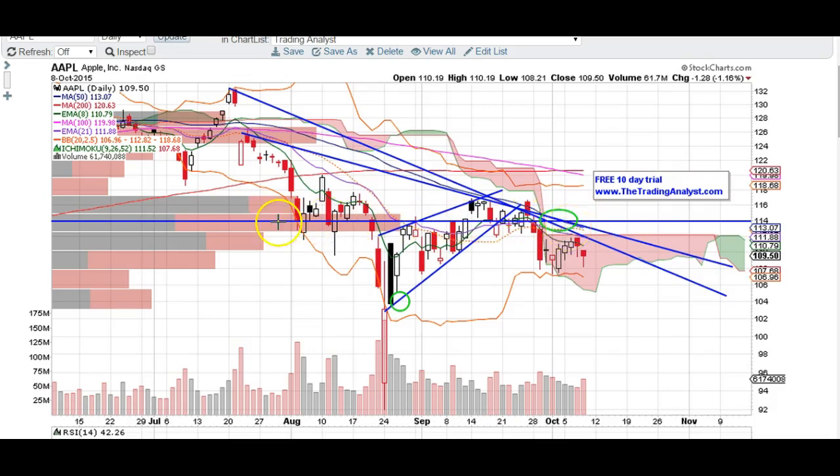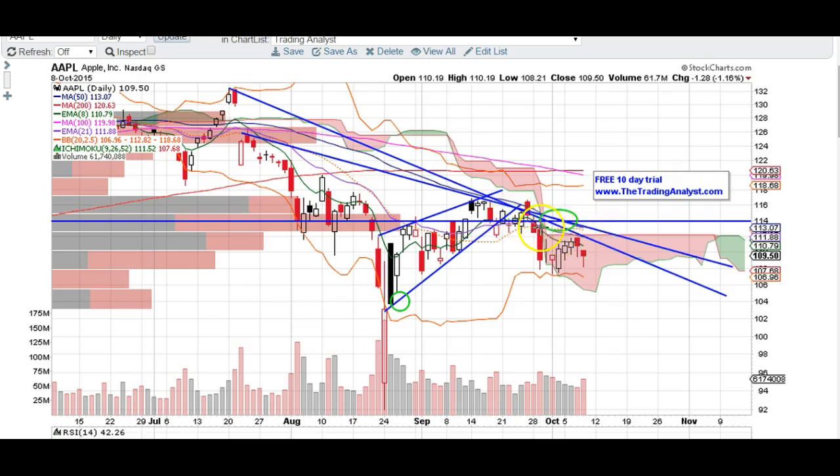And we have this big resistance here between 114 and 112.50, excuse me. We also have a lot of moving averages. I know I've got a lot of trend lines here, but we've got the 50-day moving average, which is the blue line. We've got the 8 exponential moving average, which is the purple line.